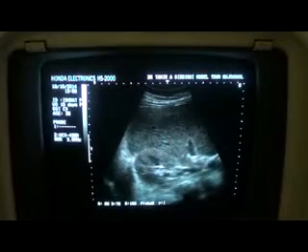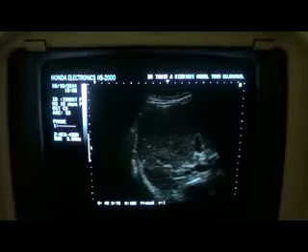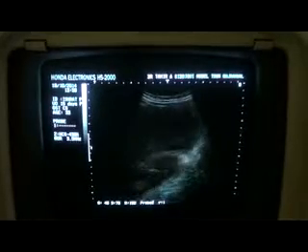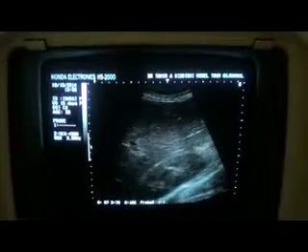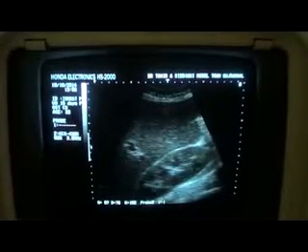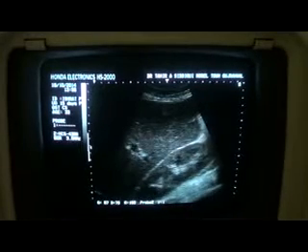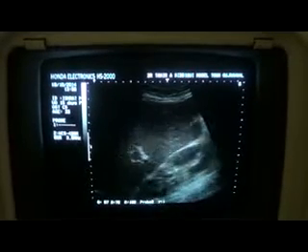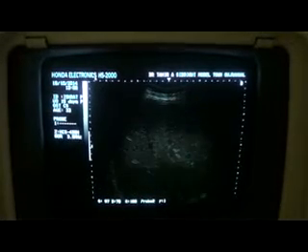This is the transverse section. Normally the echogenicity of the renal parenchyma is less as compared to that of the liver, but here you see that the echogenicity of the cortex is raised. Pyramids are significantly prominent, a feature consistent with the infective nature of the pathology.